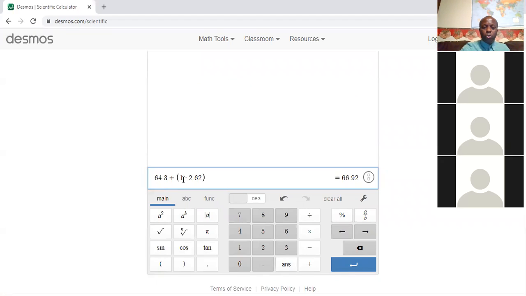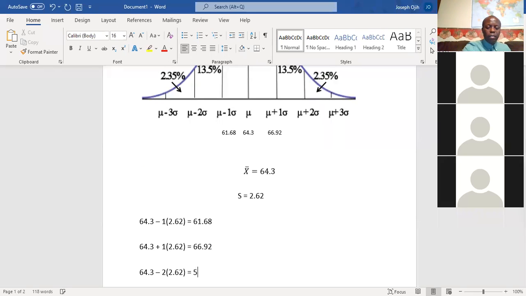I'll make this a minus sign. That gives me 59.06. So I'm going to put it here, 59.06.